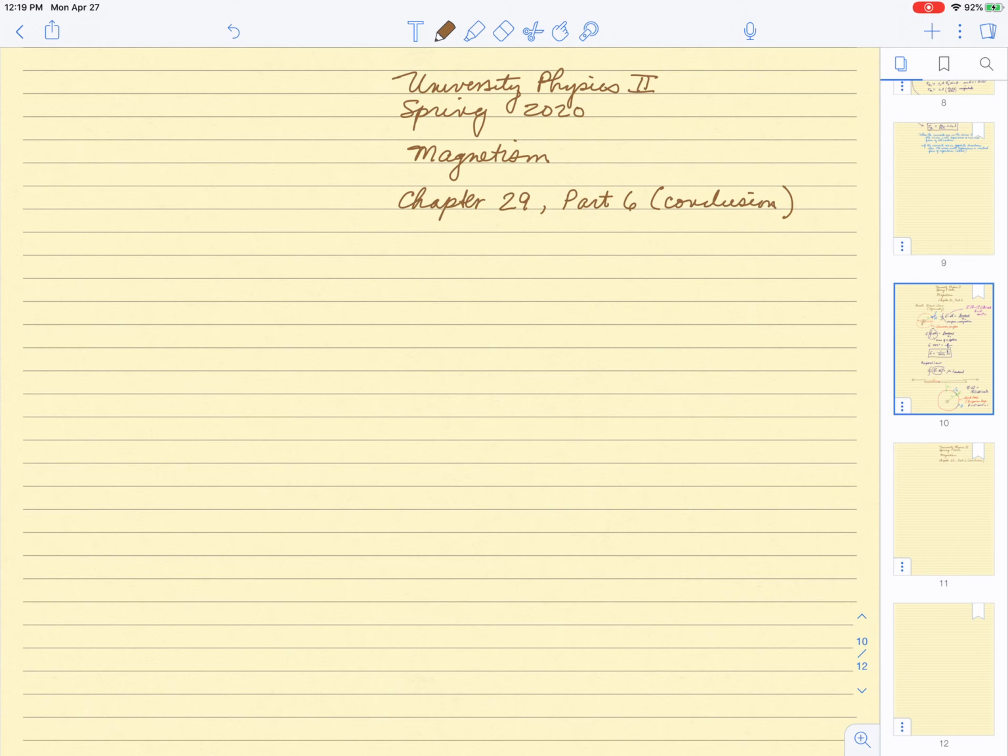So we have a wire with current coming out at us. We would like to know what the magnetic field is a distance r away.